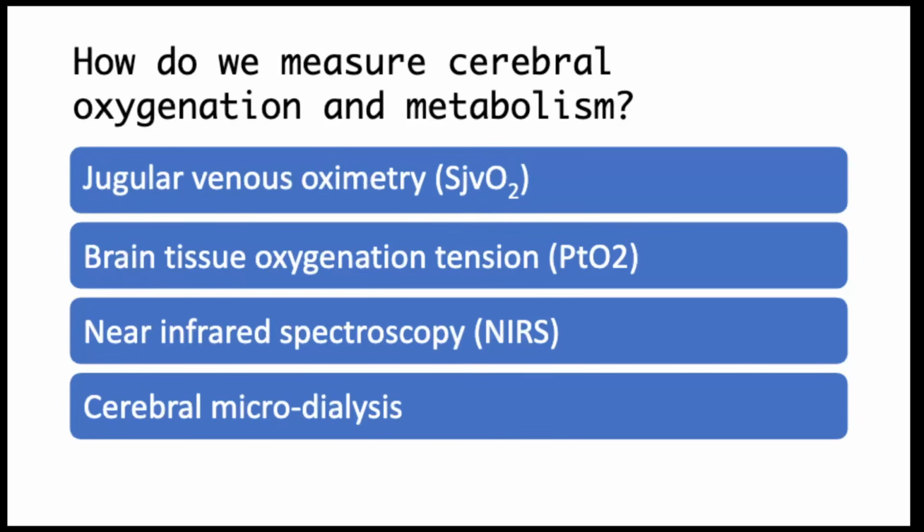You can measure brain tissue oxygenation tension directly, so you measure the PO2 in the brain tissue itself. You can do near infrared spectroscopy, which is basically a saturation monitor that measures a mixed venous oxygen saturation of the frontal lobe of the brain. And then you can do cerebral microdialysis, where you can sample oxygen tension, metabolism, glucose, etc.